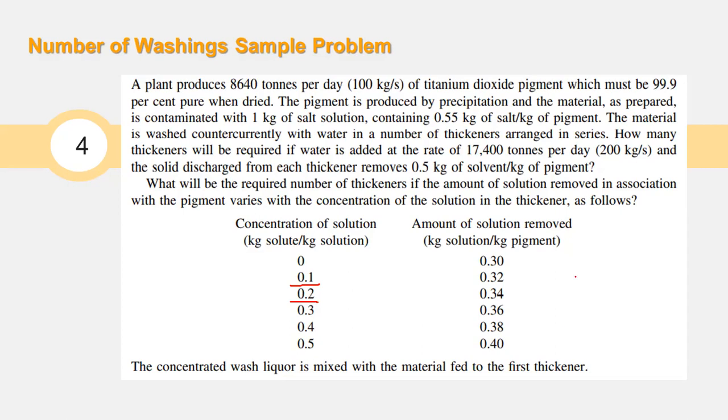For this one, amount of solution removed, you could see that it's expressed in terms of per kilogram pigment, meaning per kilogram of titanium dioxide processed in your thickener, so this must be referring to what you have in your slurry, the underflow.